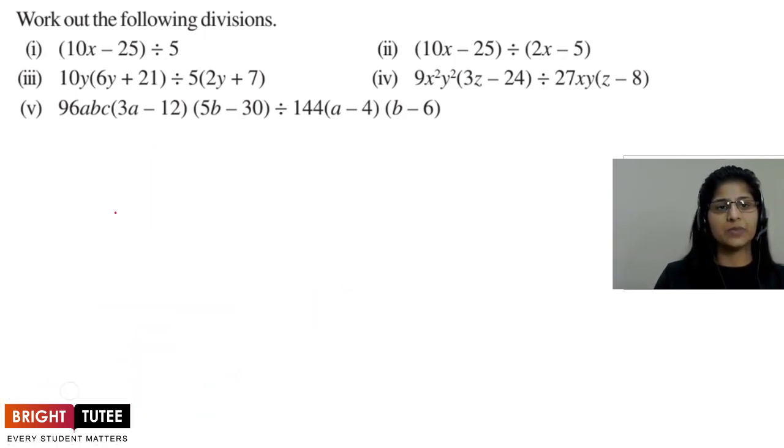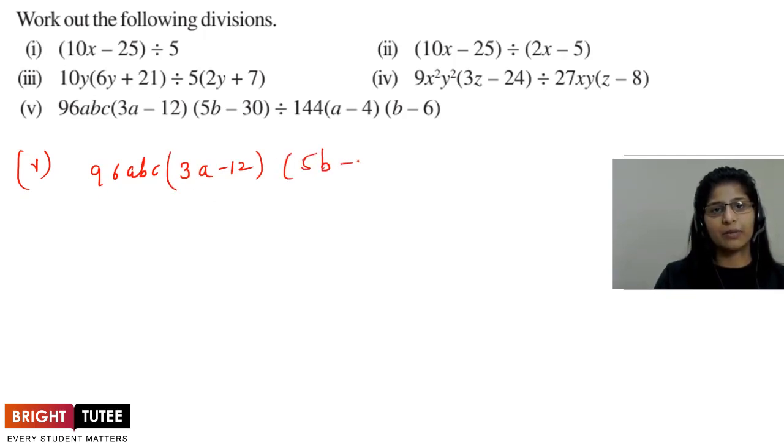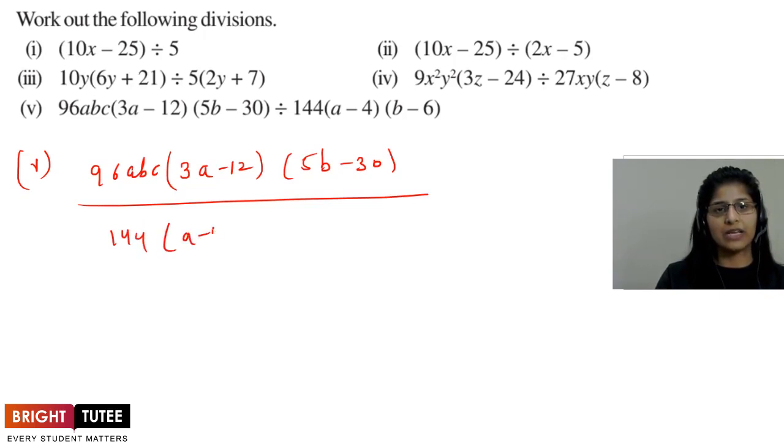Let's try the last part now, the fifth part. 96 abc, 3a minus 12, and then we have 5b minus 30. It is going to get divided by 144, a minus 4 and b minus 6. So in the numerator we have 96 abc, 3 can be taken common, we get a minus 4.